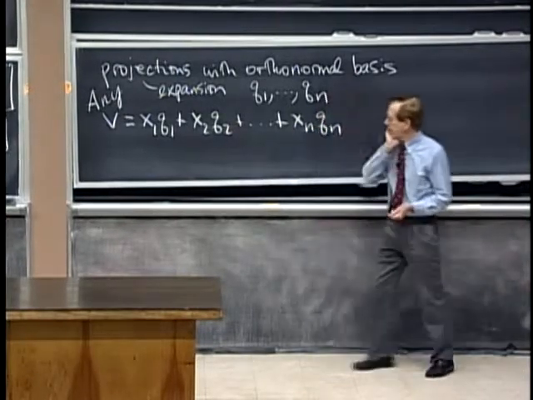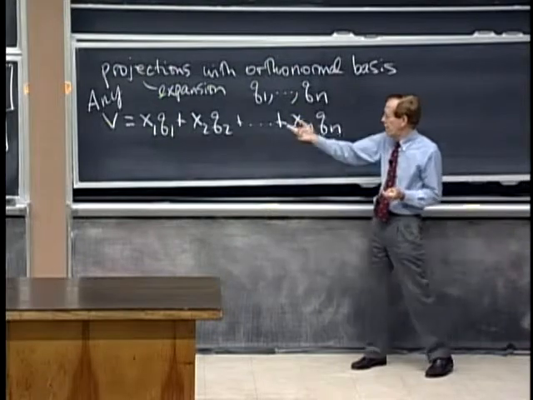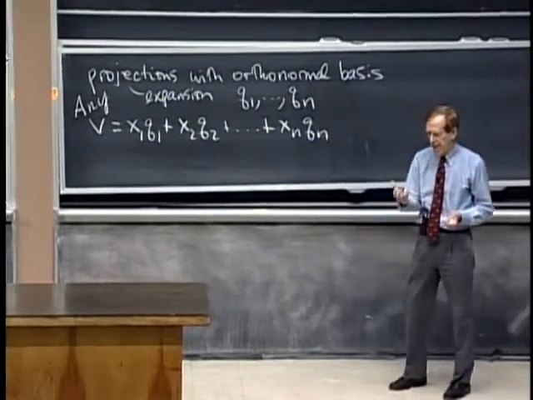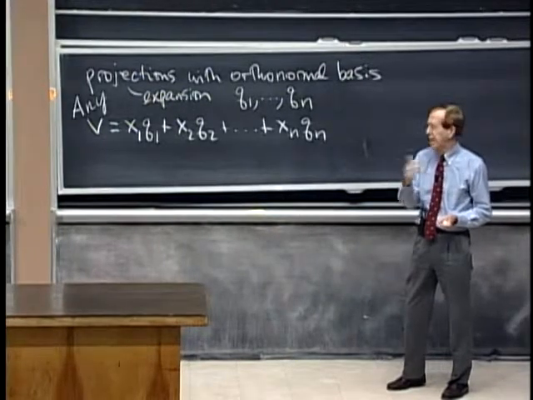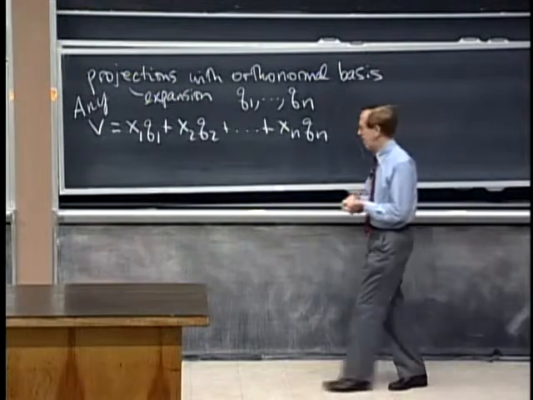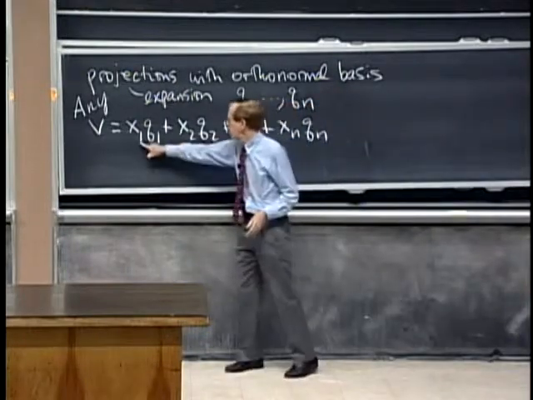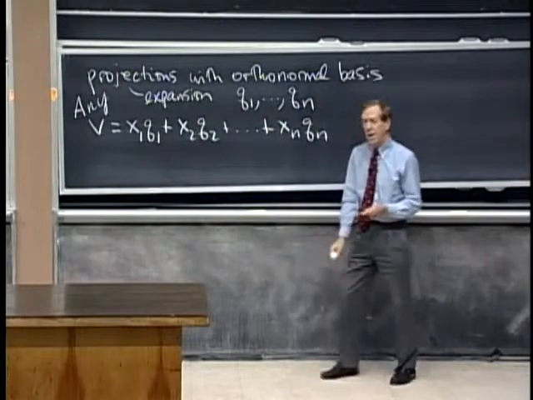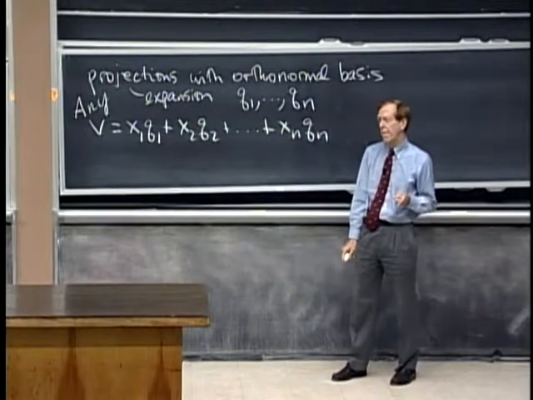How can I get a hold of x1 and get these other x's out of the equation? So how can I get a nice, simple formula for x1? And then we want to see, sure, we knew that all the time. Okay, so what's x1? The good way is take the inner product of everything with q1.